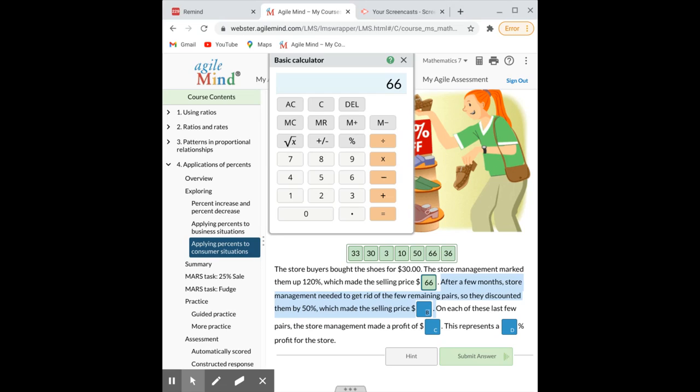If you discount something 50%, that means they are on what price? It's half the price. That's right. So, Angel V, what is half the price of 66?